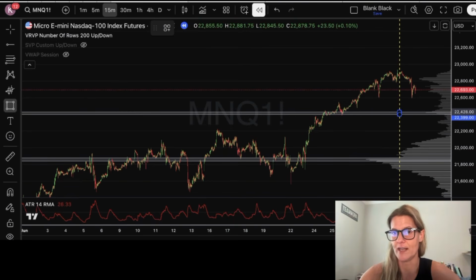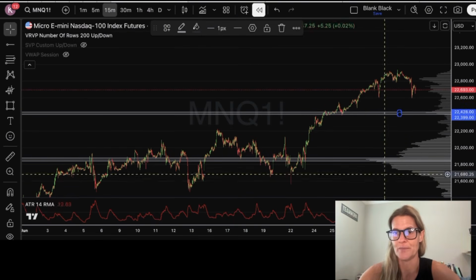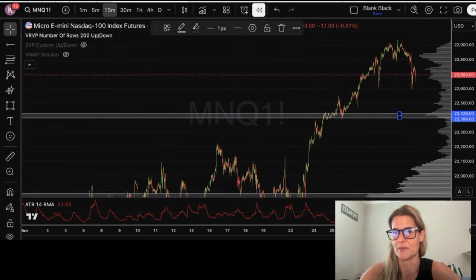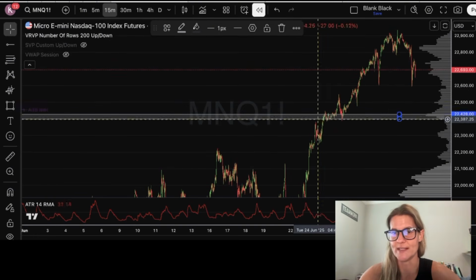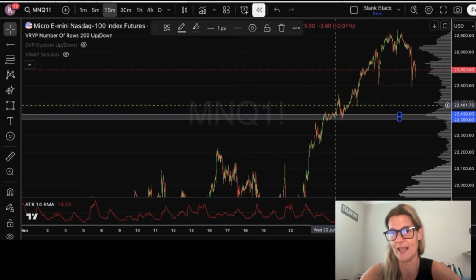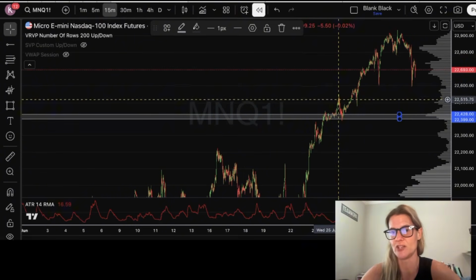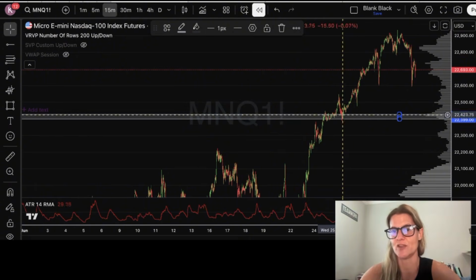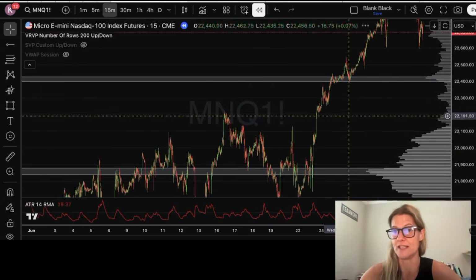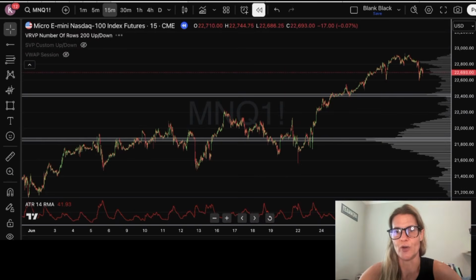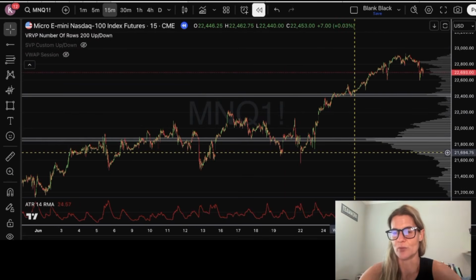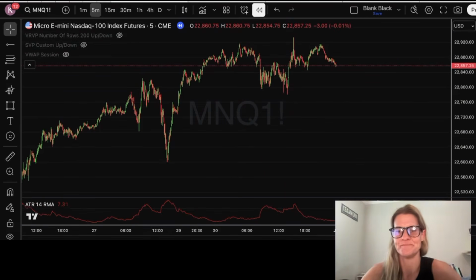Here is a good one right here. If I zoom in a little bit, it's going to mess up the visible range volume profile, but you can see there was a good little chop area right here, and then it moved up out of that region, came back down, and that served as support for the continuation higher. So that's how I use visible range volume profile.